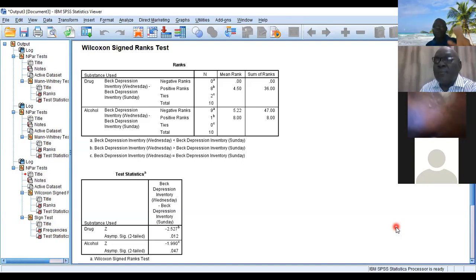For example, if we have a cutoff that any depression score above or below 20 is high or normal, we categorize into two. Then you will have two groups, drug and alcohol, so we can calculate the odds ratio, because the odds ratio goes with categorical data.